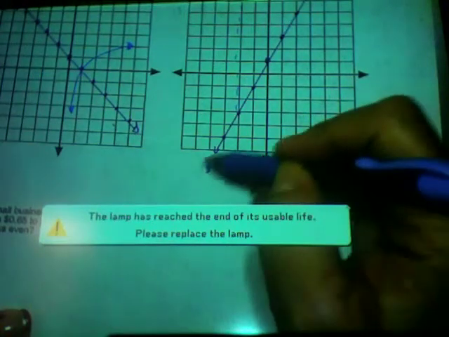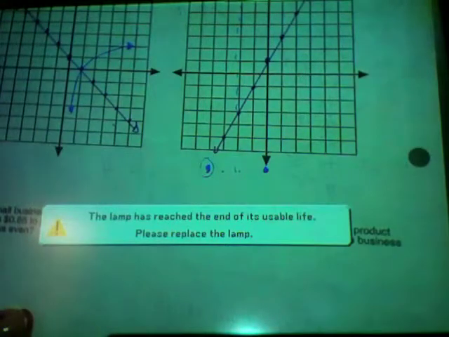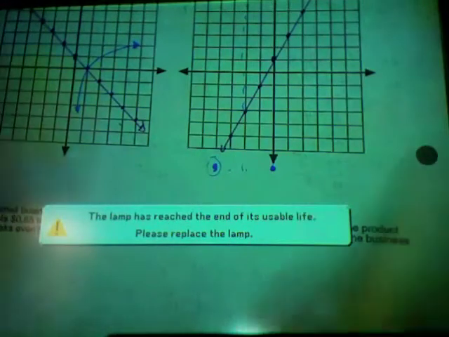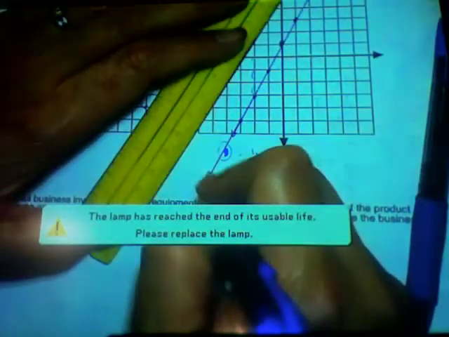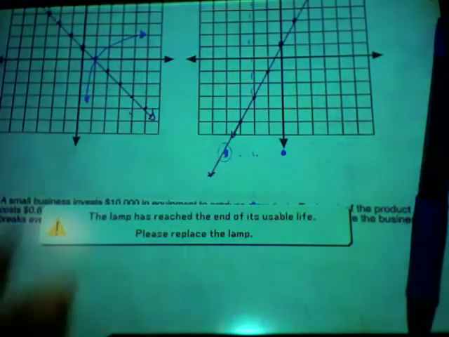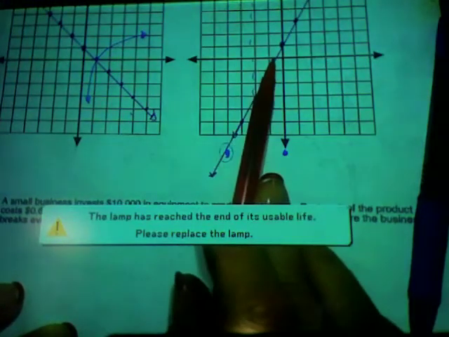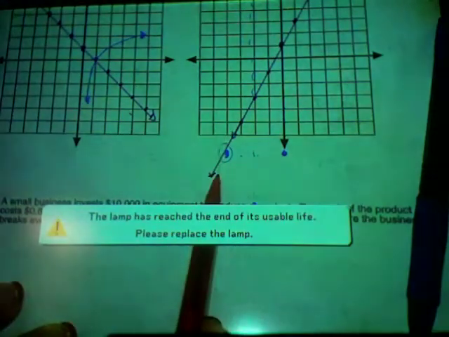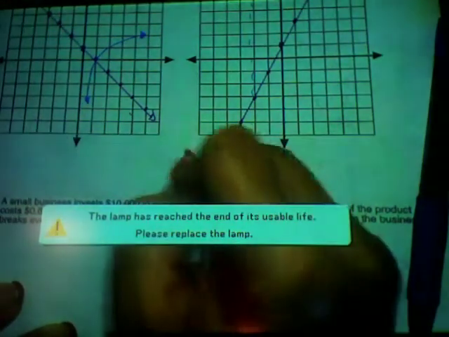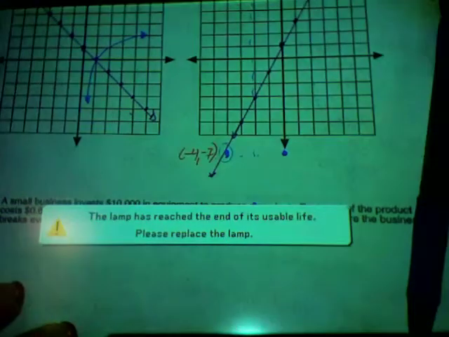Isn't this one of my intersecting points that's off my graph? So my line should be intersecting here on my parabola. What ordered pair is this? This is 2, right? So 1, 2, 3, 4. -4 what? -7. That should be one of my intersecting points.